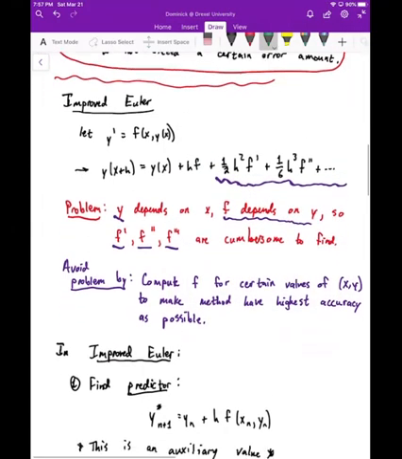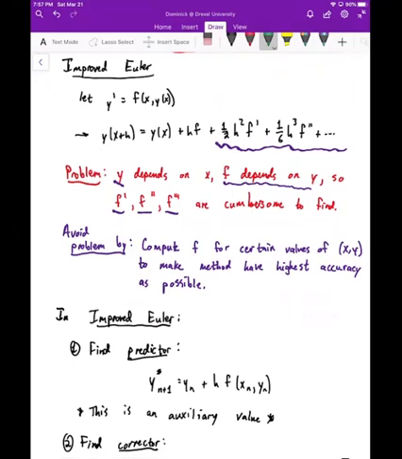What we're going to do instead is avoid that problem by computing certain values of f that allow us to avoid finding explicit forms for these derivatives, and we're going to do so in a way that gives us the highest accuracy. That's good, because the more accurate your answer is, the more meaning you can take from it.